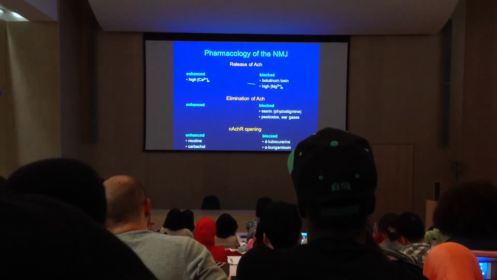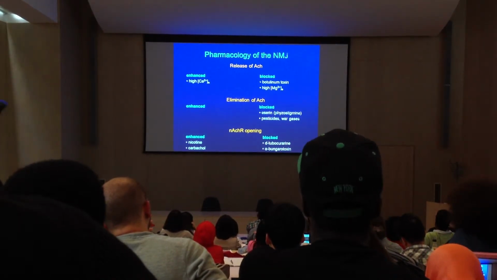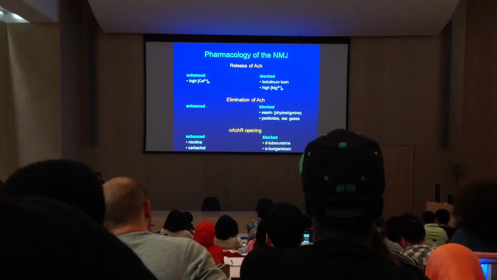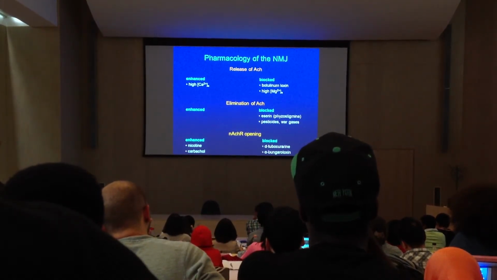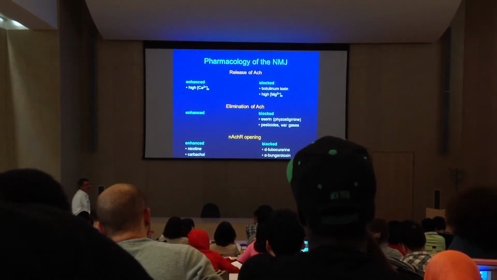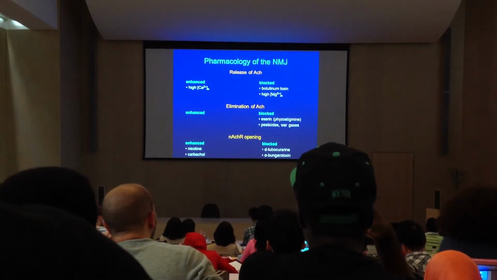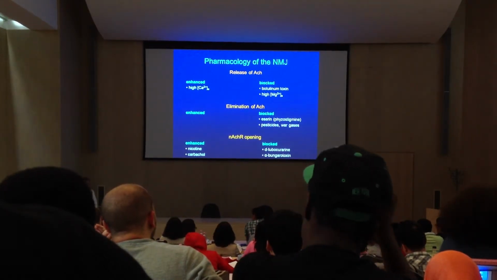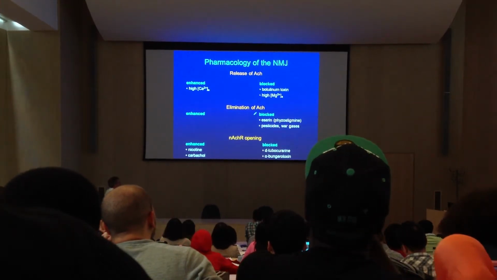You can influence the elimination of acetylcholine by influencing the acetylcholine esterase enzyme. This is probably the fastest working enzyme in our body. We have so far not been able to find anything that would make it go faster. We have found many things that make it go slower.